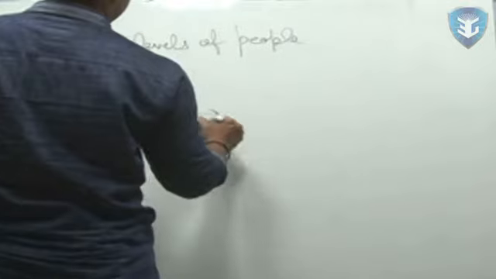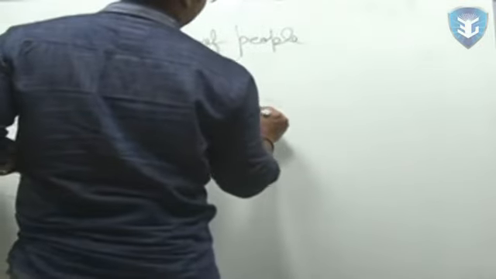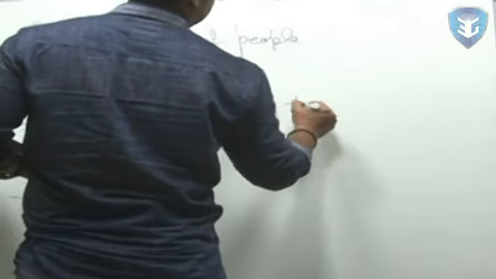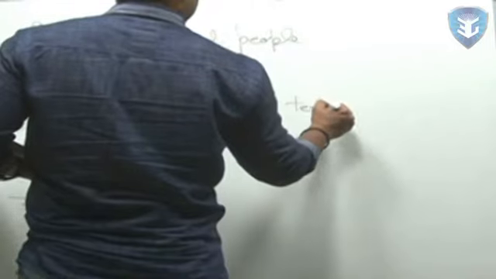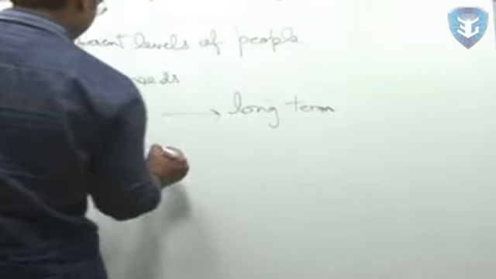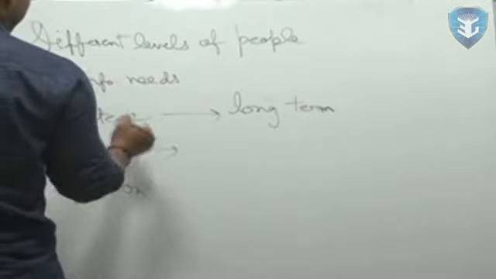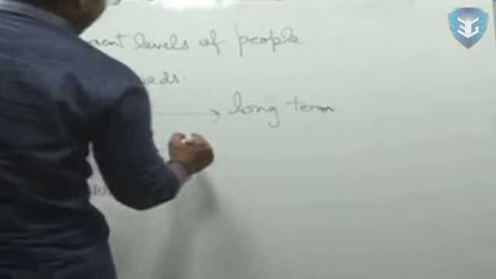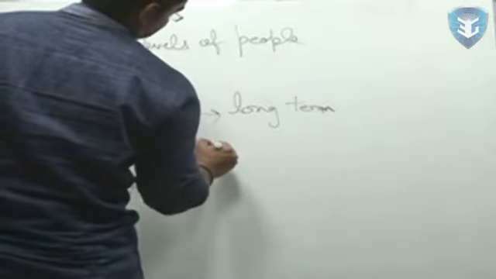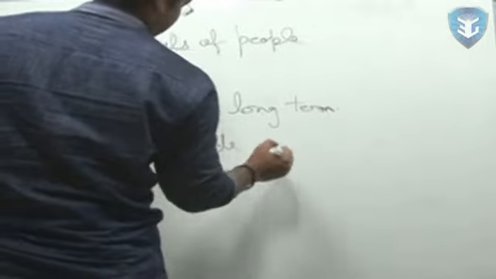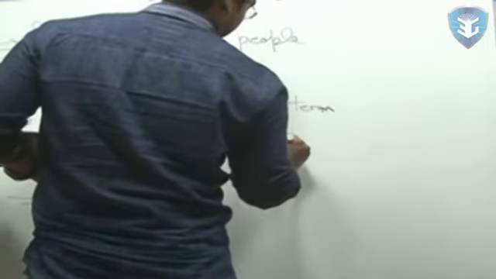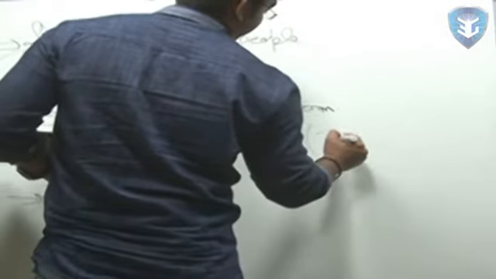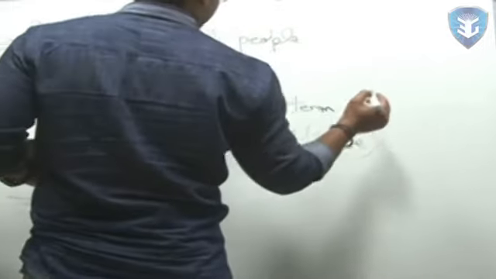The strategic information is very long-term information which has to be used over a very long term. The tactical level of information is middle level in terms of time, for an optimum time.